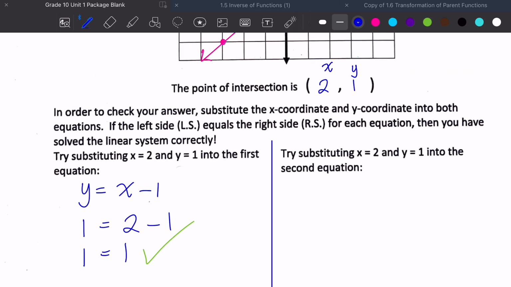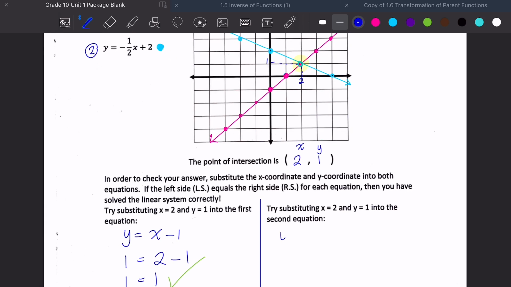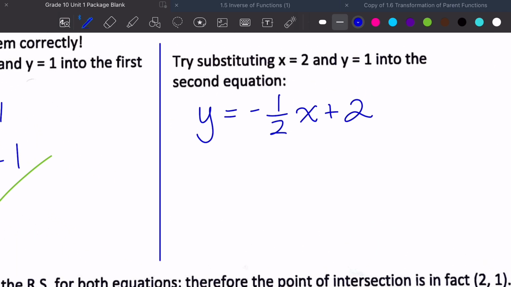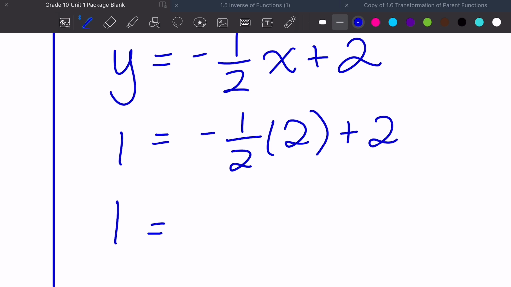And then I'm just going to do the same thing for the second equation, which we said y equals negative 1/2 x plus 2. I'm doing the same thing, plugging in 1 for y and 2 for x. Negative 1/2 times 2?